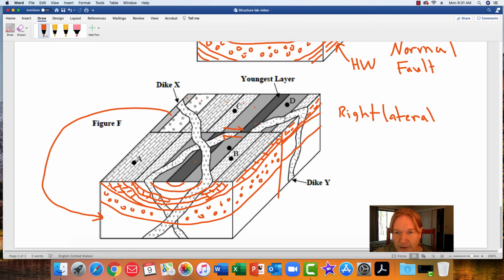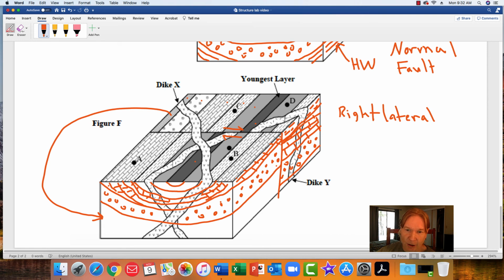And I'll try to make it look a little bit like the real brick layer there. Okay, and then what comes under the brick layer? The polka dot layer. So here's the polka dot layer right down here.